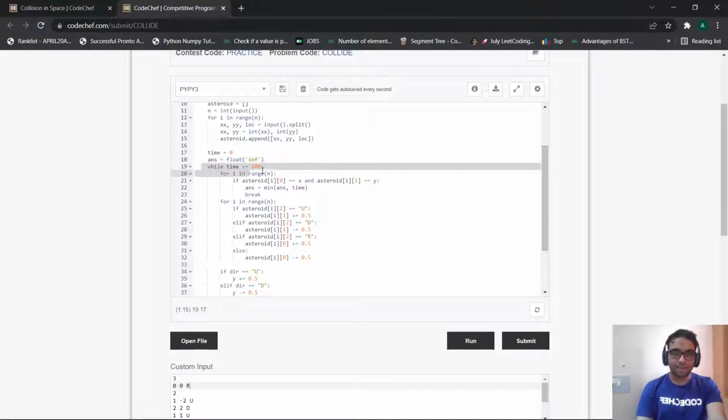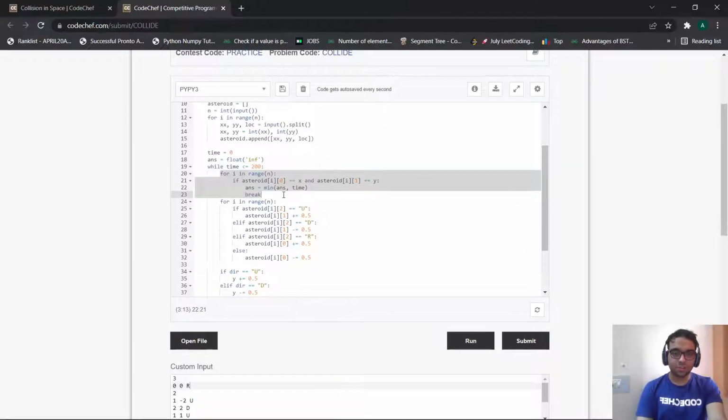Then, while my time is less than or equal to 200, I traverse all the asteroids and check if any asteroid's x coordinate is equal to the x coordinate of Earth and its y coordinate is equal to the y coordinate of Earth. Then these two are going to collide, and my answer is the minimum of the answer, which is infinity initially, and the current time.